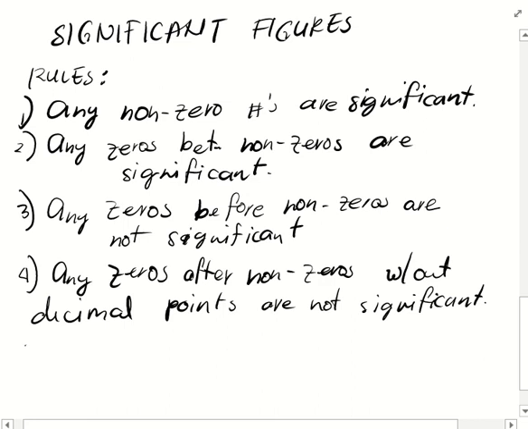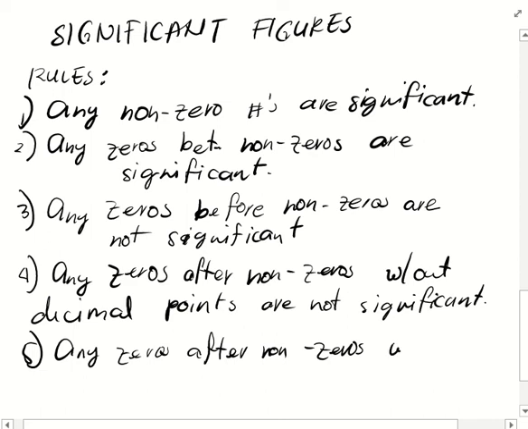Then lastly, if there is a decimal point, any zeros after non-zeros with a decimal point are significant.